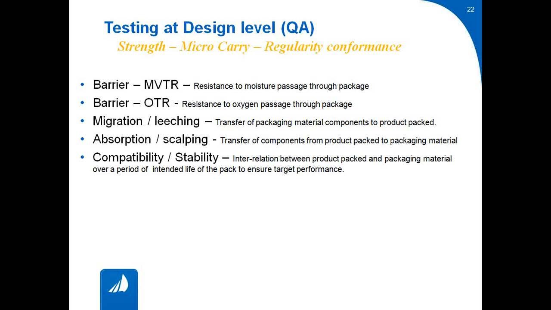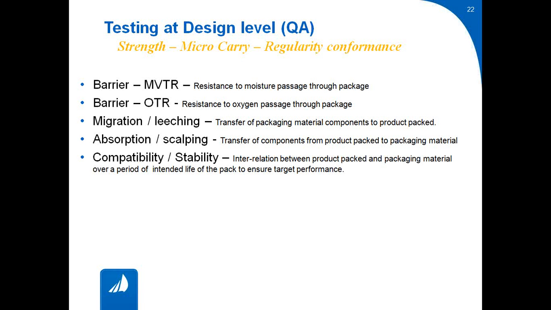Then this is also a QA part, the barrier property. Now for the packaging material, how much resistance it can give for moisture to pass through it. It's called MVTR. Then there is something called OTR, which gives an indication of how much oxygen passes through the packages.